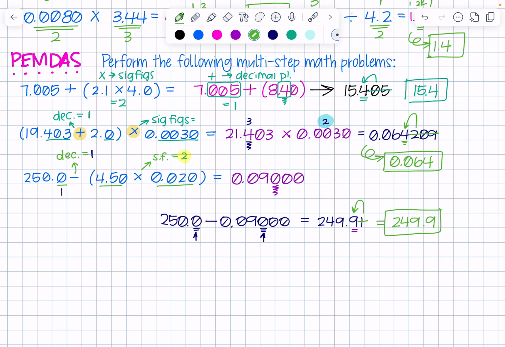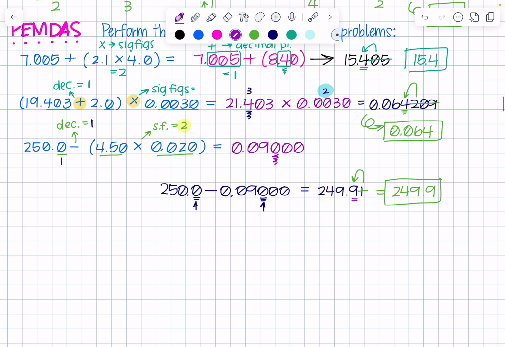Okay, one last thing. I said that I would address some more rounding things. So really quickly, if I have a number like 456,123,005, whatever. If I'm trying to round this to, let's say, 3 significant figures.